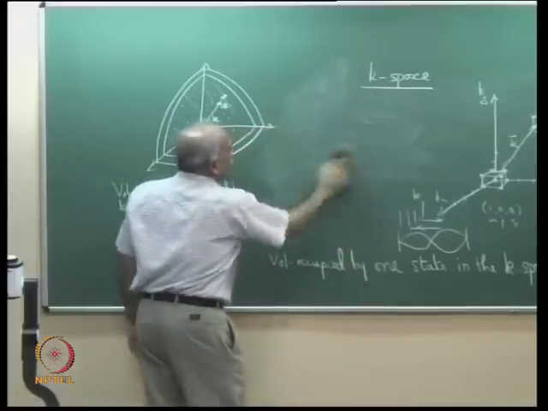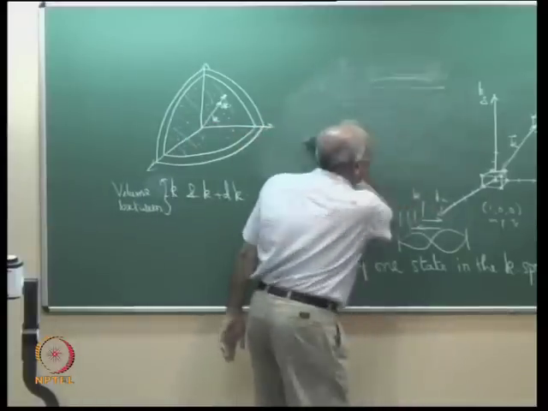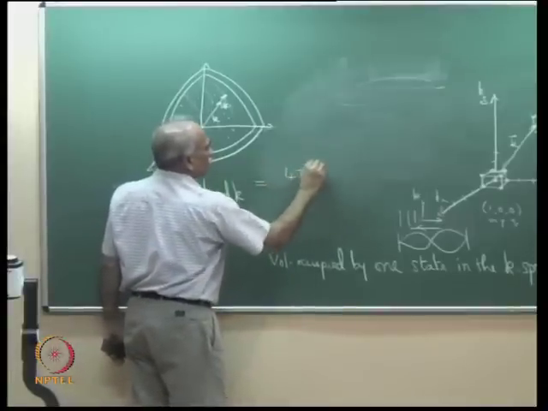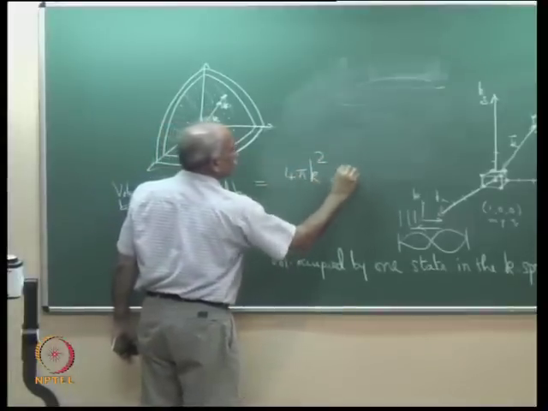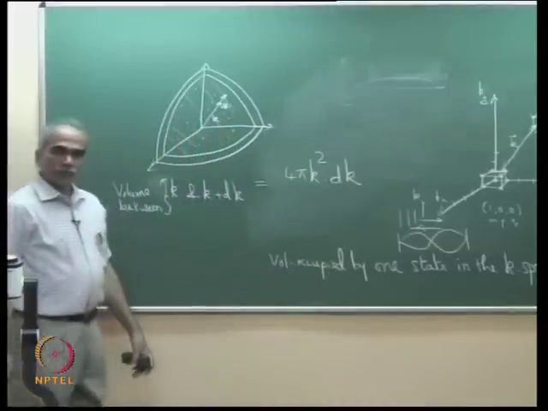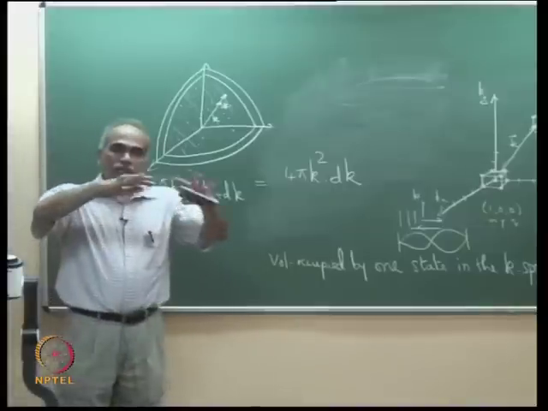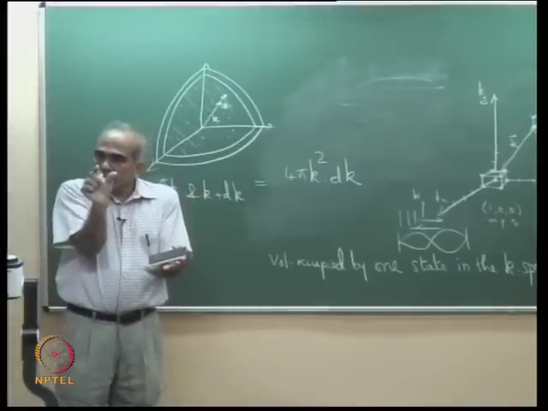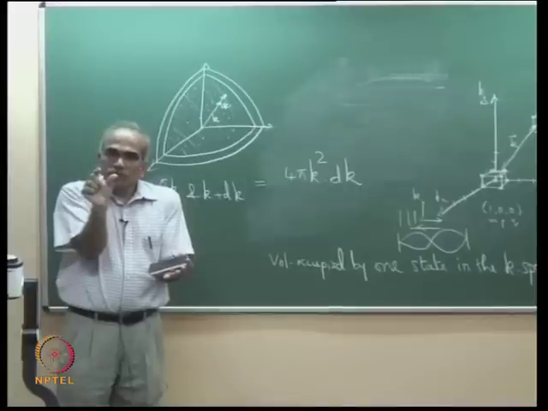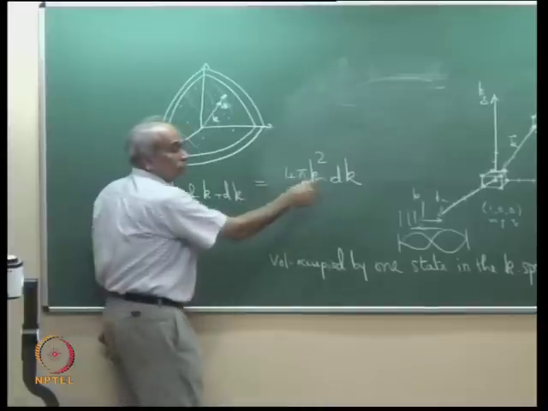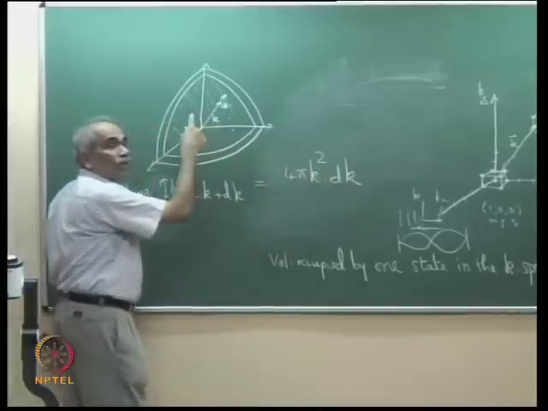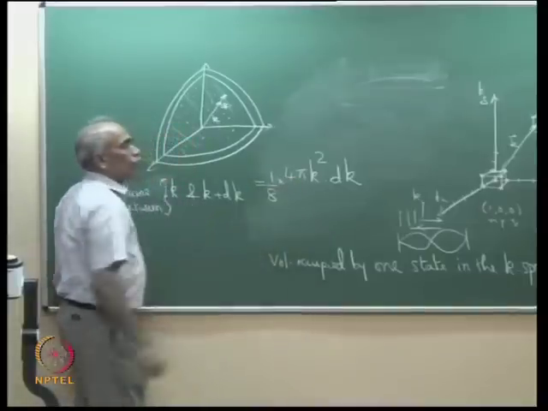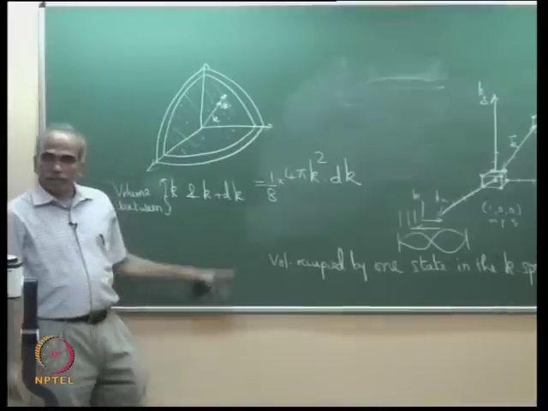Volume between K and K plus dk is equal to 4 pi K square dk. 4 pi r square is the surface area of the sphere, multiplied by the thickness gives you the volume of the shell. But we are considering only one octant of the sphere, and therefore 1/8 into 4 pi K square dk.